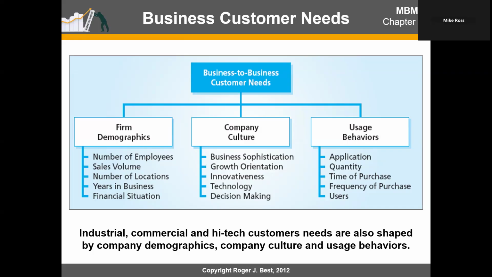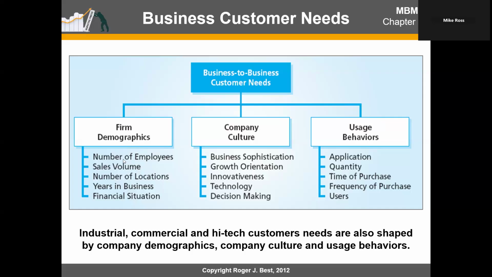And so we can think about businesses that we have worked for or were familiar with, and similar to individual consumers and households, businesses can be segmented based upon different attributes. For individuals, we looked at demographics. Here we would say firm demographics, or another word, firmographics. And so, what would those firmographic attributes be?